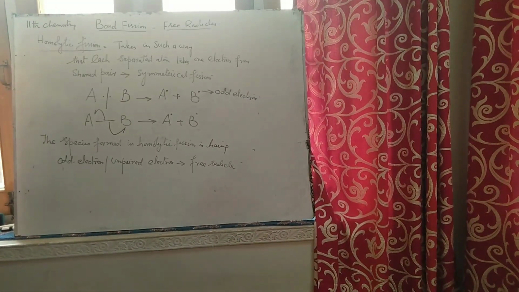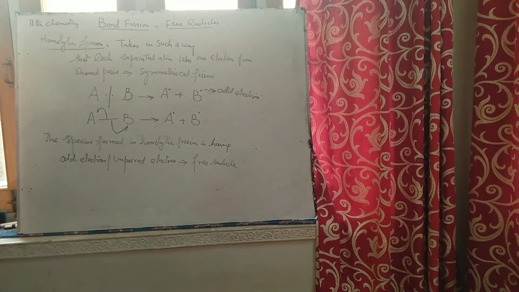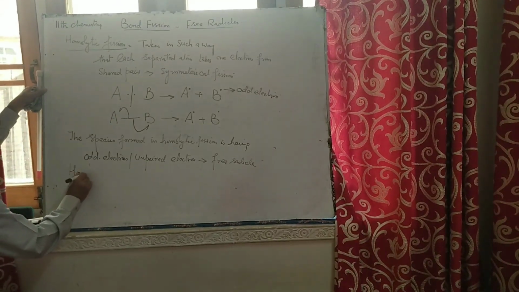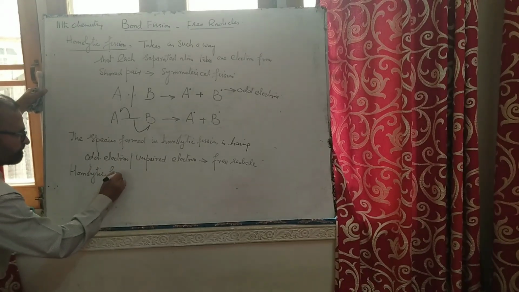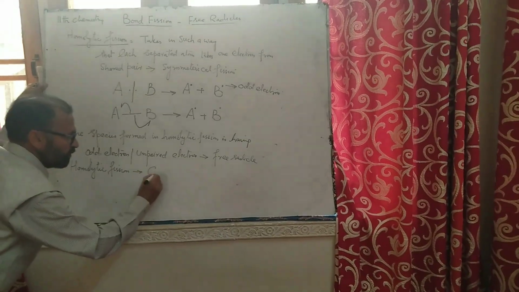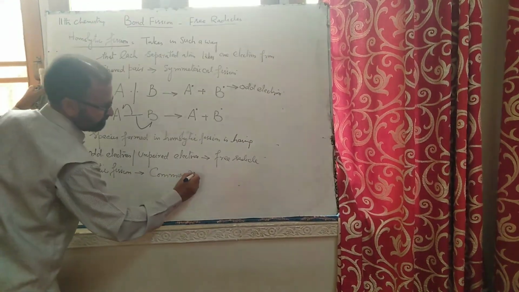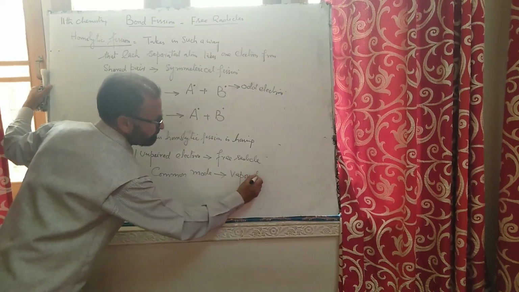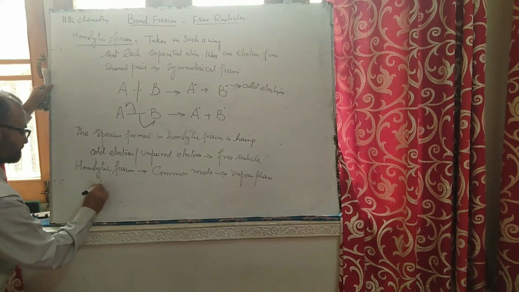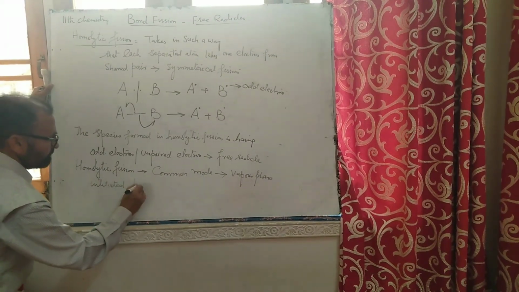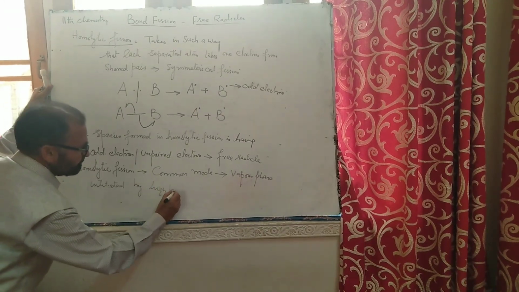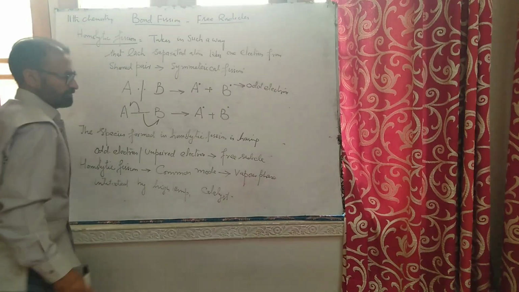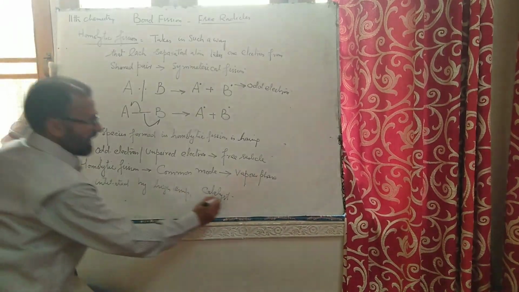Now, homolytic fission is a common mode of fission in the vapor phase, and is initiated by high temperature, catalyst, or ultraviolet light.